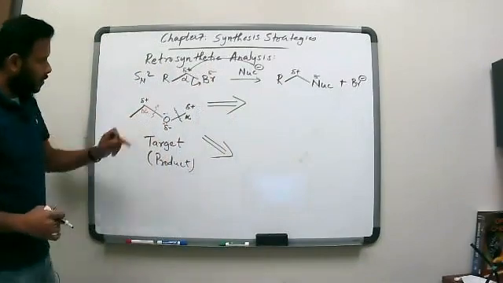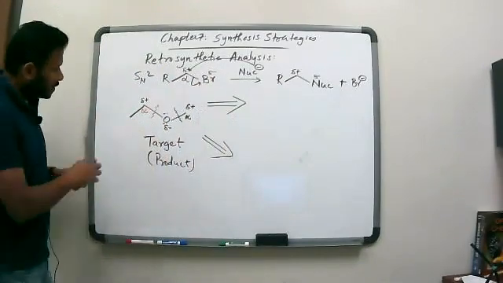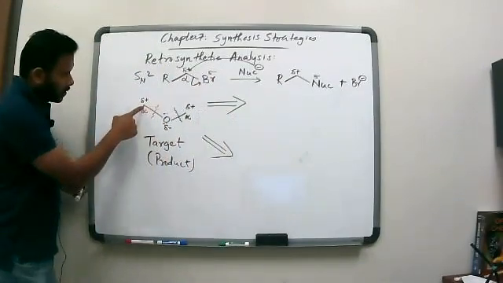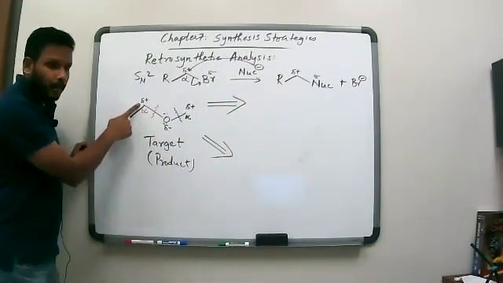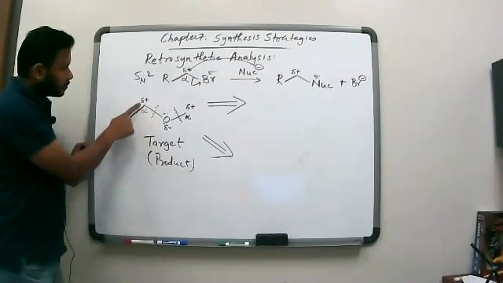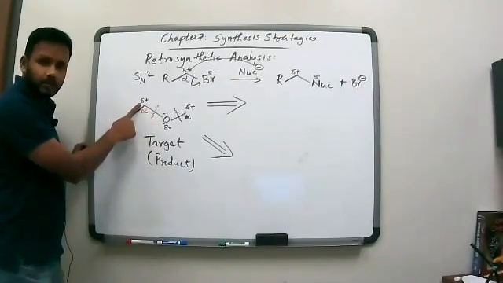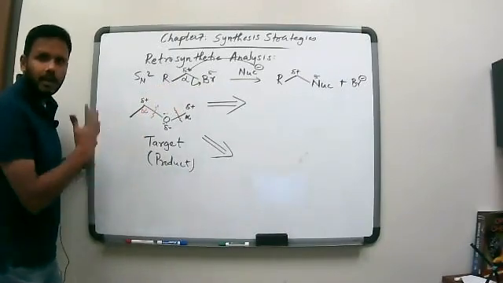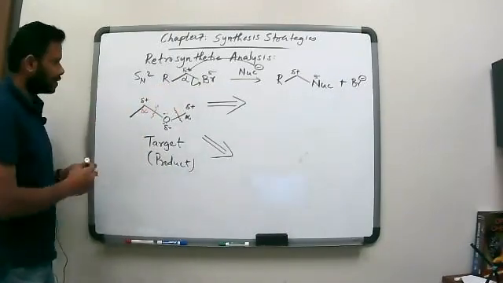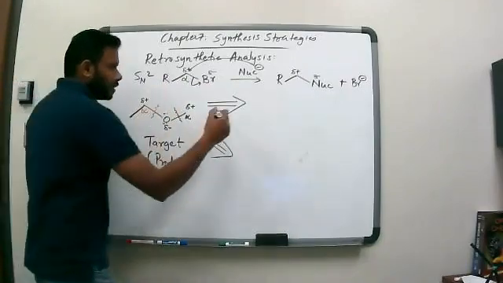So for a product like this, it is possible that I cleave between the oxygen and this carbon. That alpha carbon is del positive in the product, so it should have been connected to an alkyl halide in the starting material.